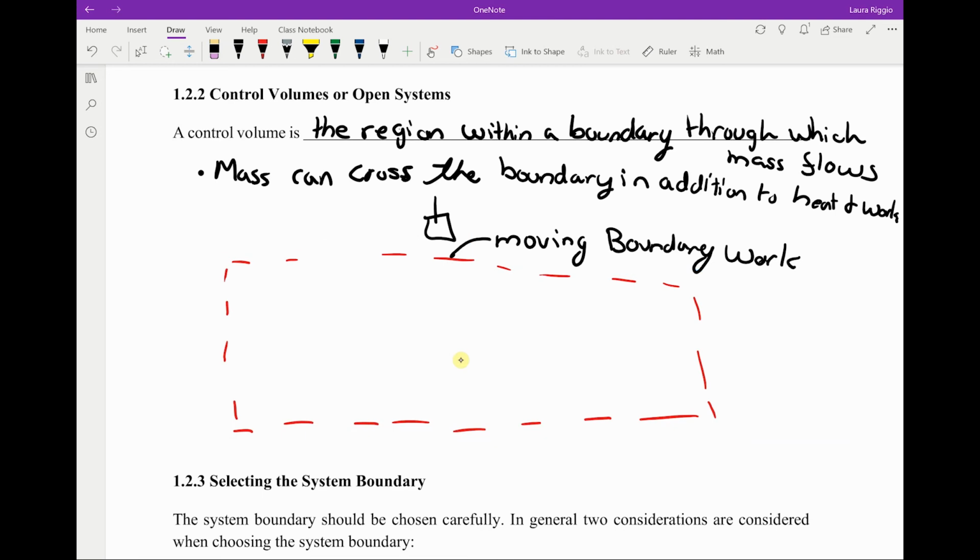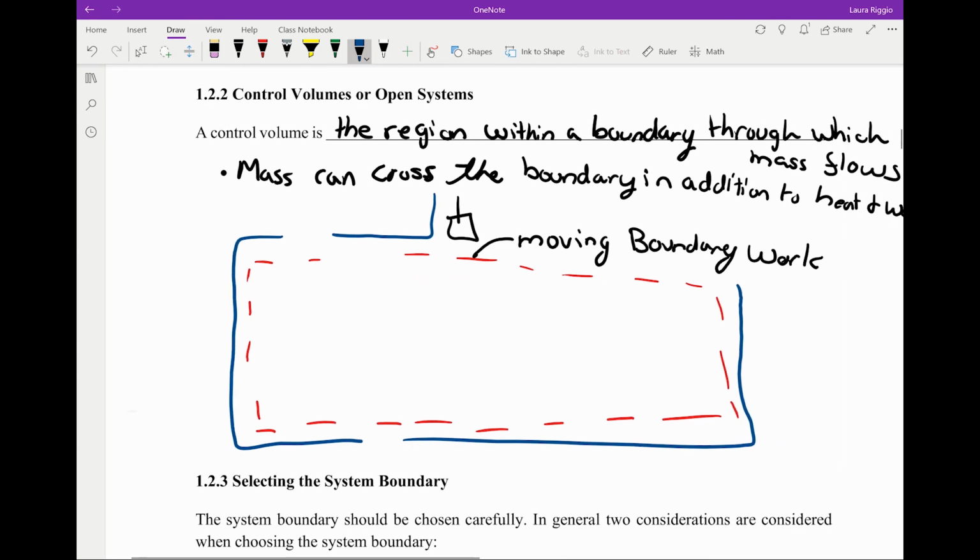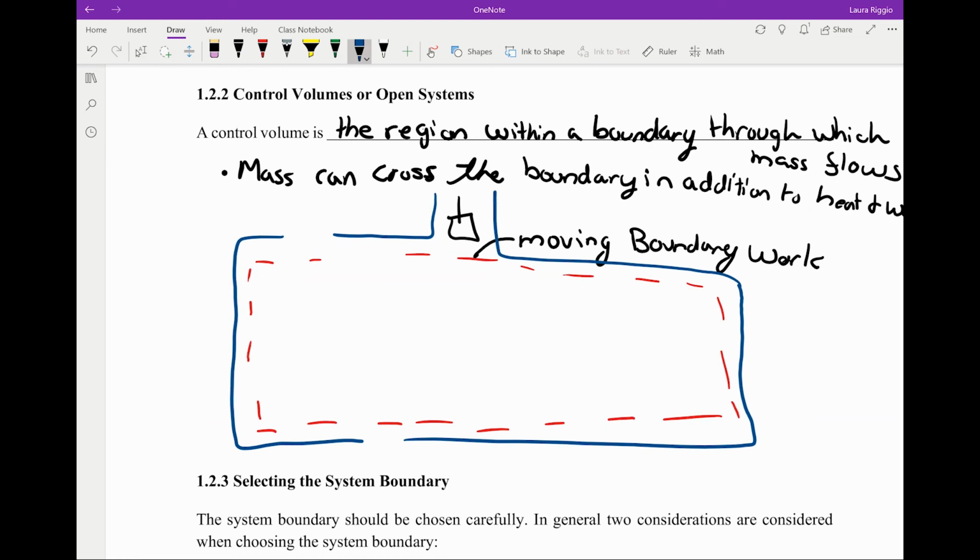But what's different is now over here, I can have mass flow.